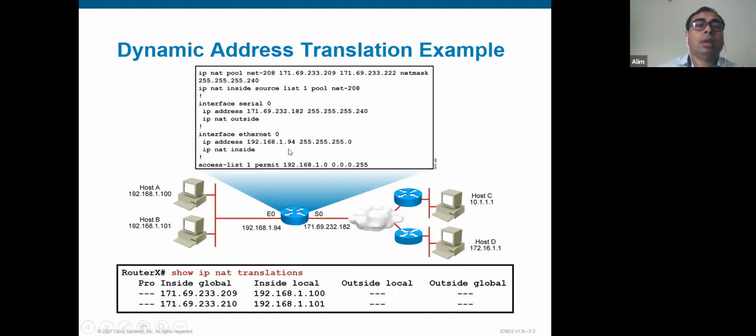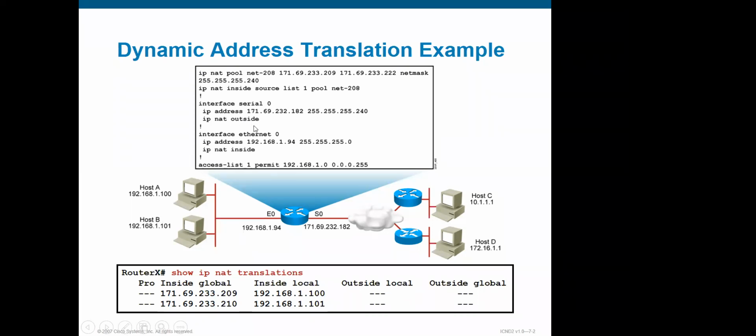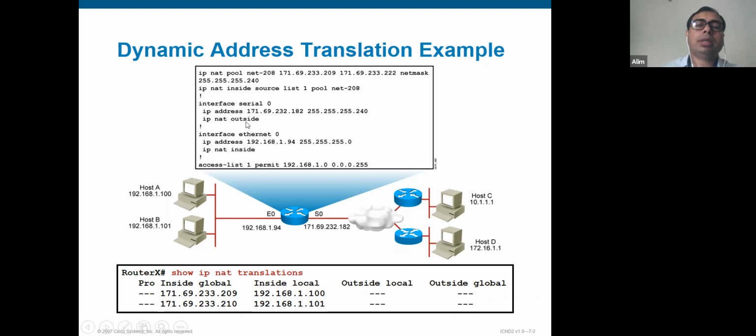Okay. So here the command. Here the net inside and outside command is the same. The inside interface is IP net inside, and outside, under the outside or internet bound interface, you define IP net outside. It's just pretty straightforward.